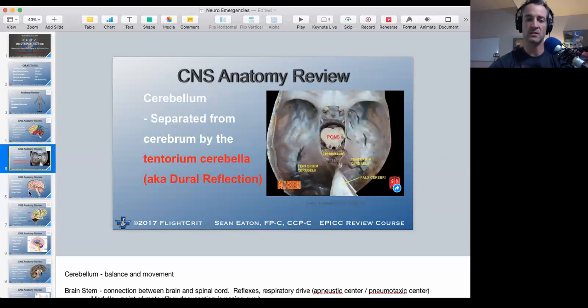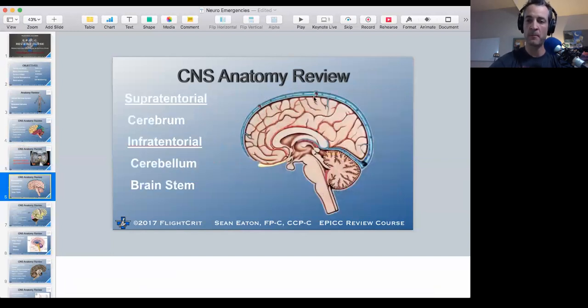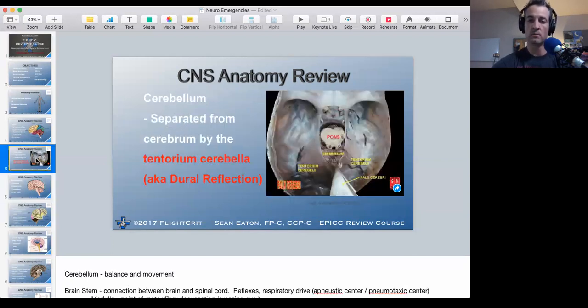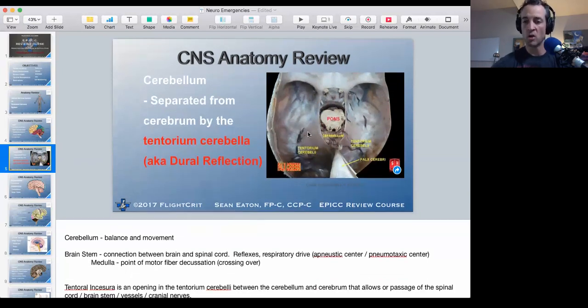And this is simply a fibrous membrane that separates the cerebrum from the cerebellum. Okay, and this tentorium cerebelli is this region right here, and it surrounds the spinal cord as well. So you can see this section here surrounding the spinal cord is called the tentorial incisura.